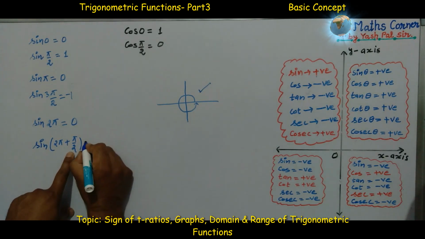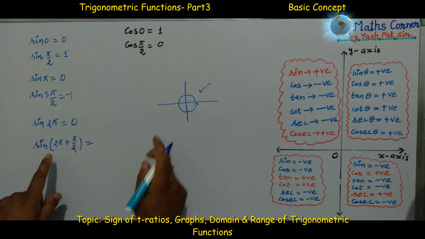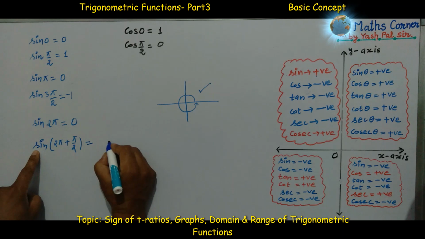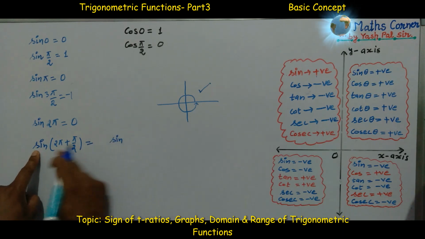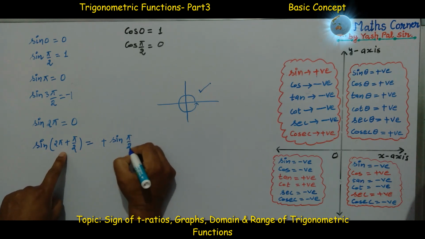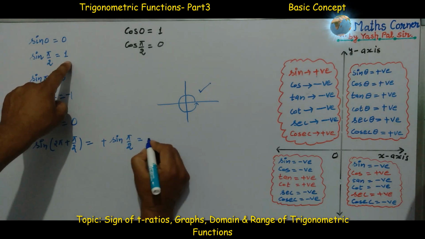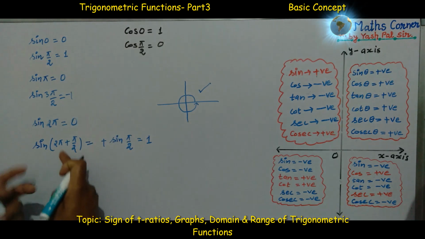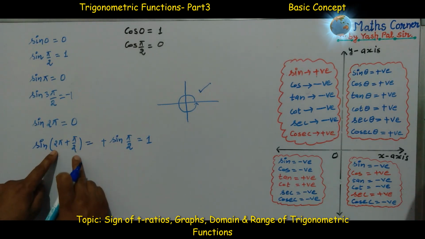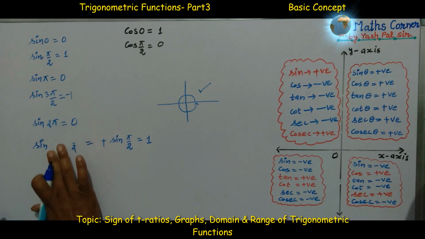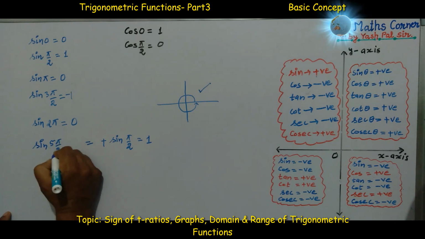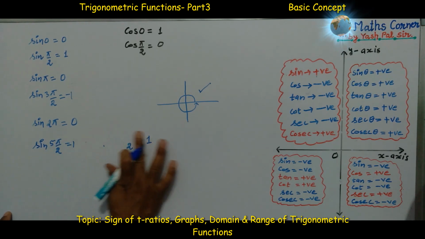In the first quadrant, all trigonometric ratios are positive. 2 pi means sine will remain sine, so sine pi by 2, and its value is 1. So we again get 1. That means 2 pi plus pi by 2 gives 5 pi by 2, and sine of 5 pi by 2 is equal to 1.